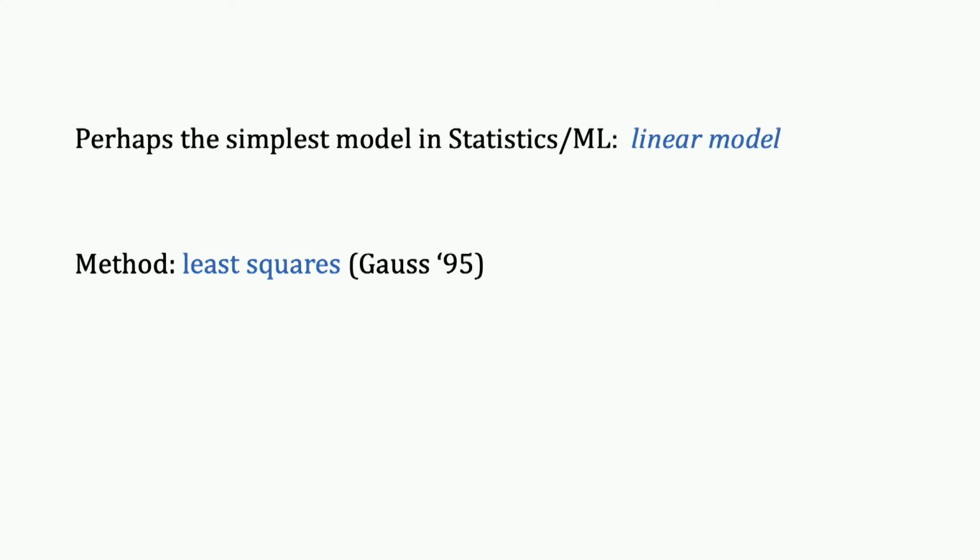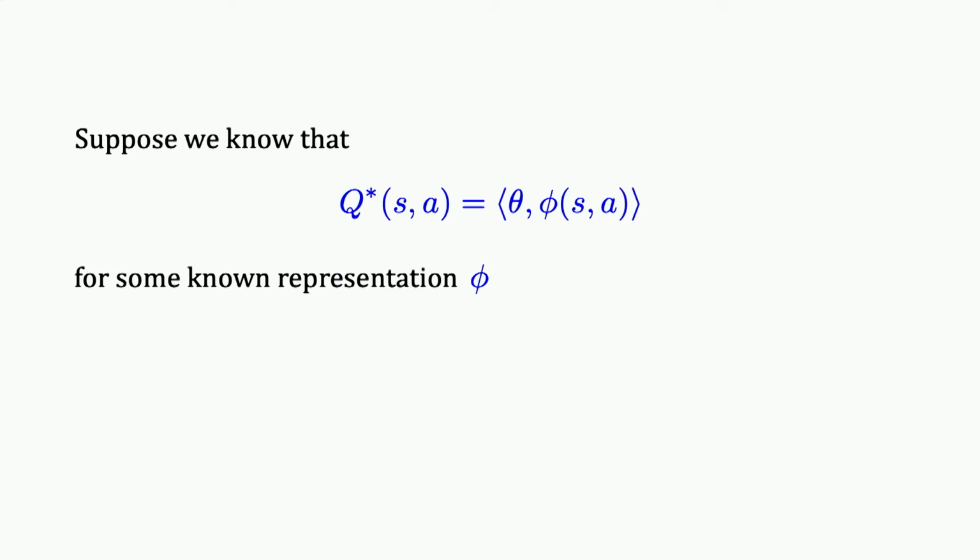But once you go to reinforcement learning, this way of thinking no longer works, and this was eye-opening to me. Suppose that you know that the optimal Q star value, the best reward you can achieve in state S on taking action A, and I'm being loose here without really defining this, is linear.